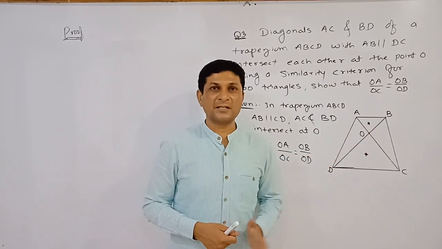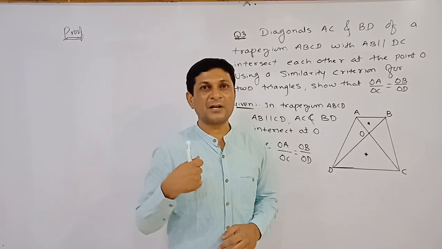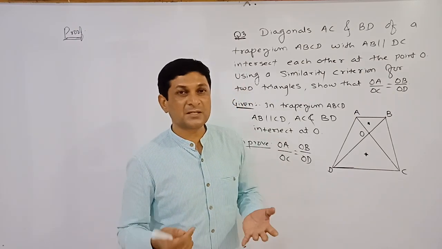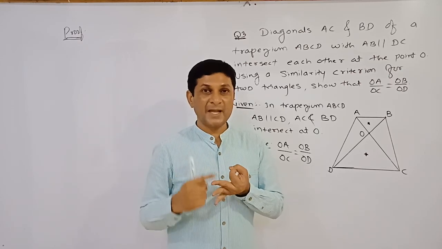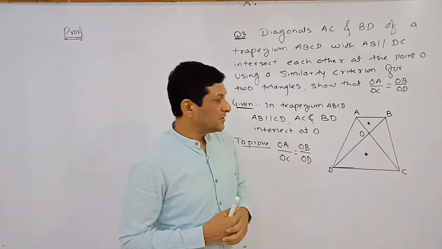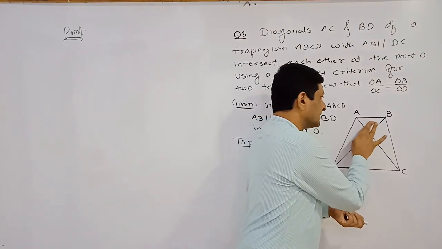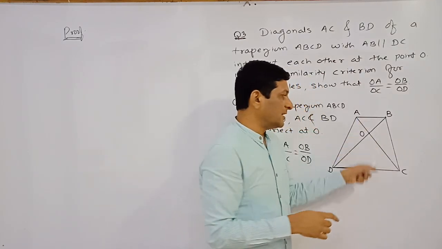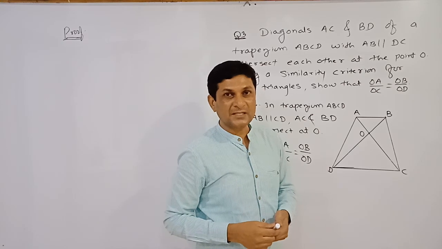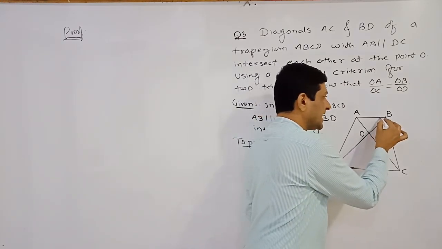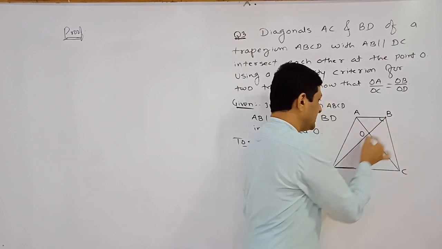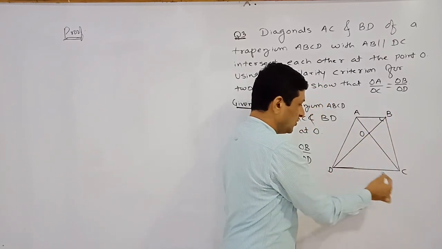And to show that triangles are similar, we have some criteria. So which are these criteria? AA criterion, then SSS, then what? SAS. As this stands, if you observe, opposite sides are parallel to each other, and we know that if two lines are parallel, a pair of alternate angles are what? Equal. That's why we can say that angle ABO is equal to angle ODC.